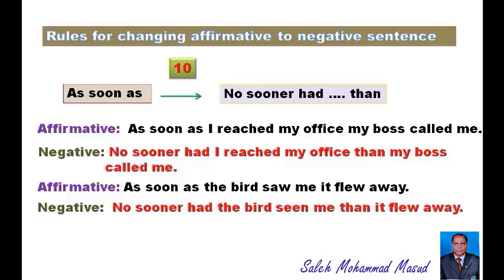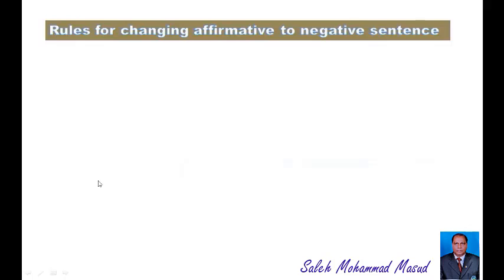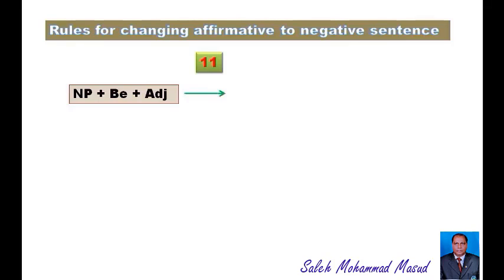Next number 11. If the affirmative sentence follows the structure noun or pronoun plus be plus adjective, to make it negative, use not and the opposite of adjective to make it negative.